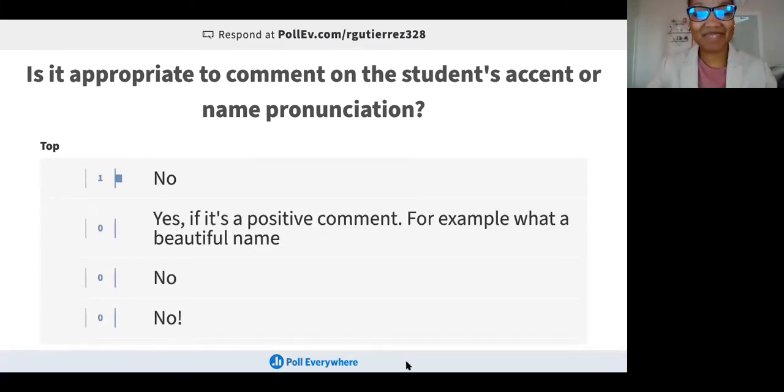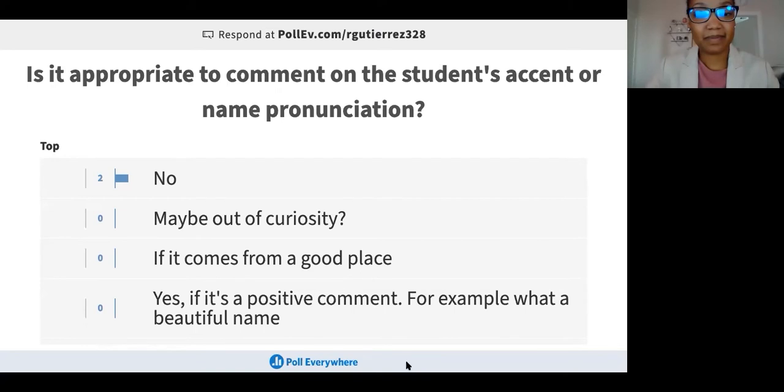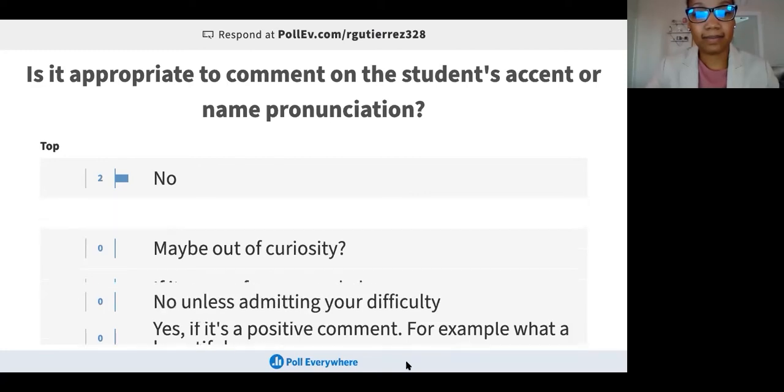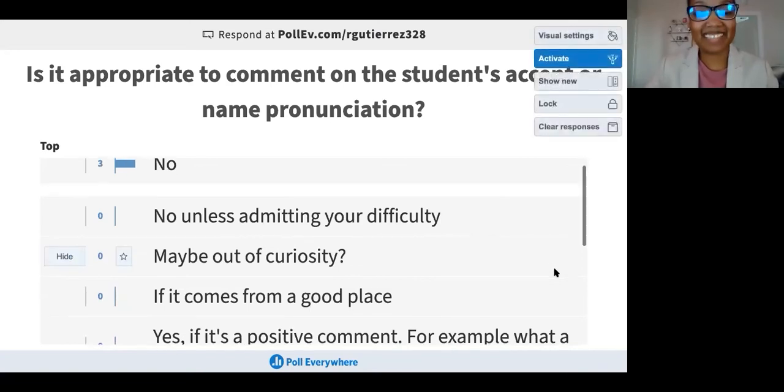Okay. Yes, if it's a positive comment. For example, what a beautiful name. If it comes from a good place. How do we define a good place? Maybe out of curiosity. Okay.